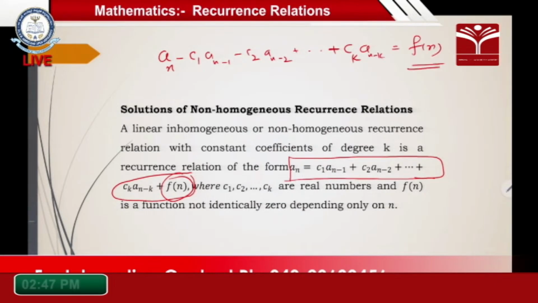The right side function is not equal to 0. This right side function is not equal to 0, and this C1, C2, Cn may be functions of n or may be constants also, right?